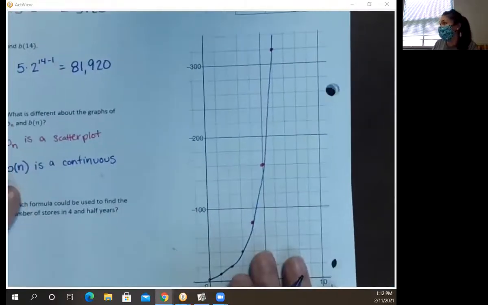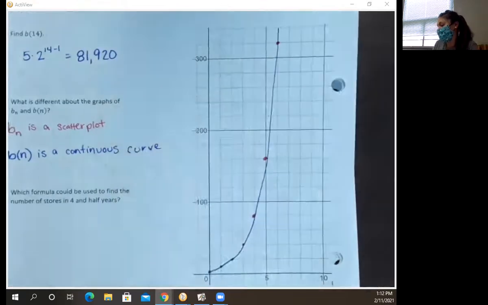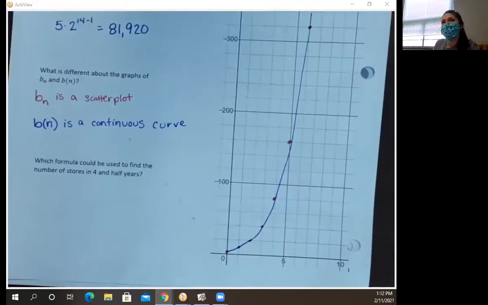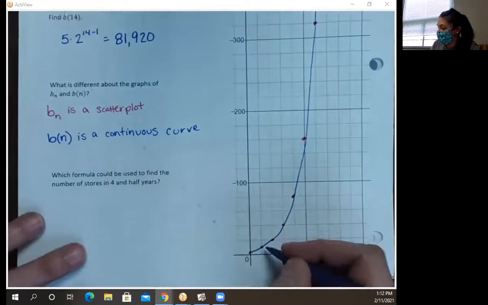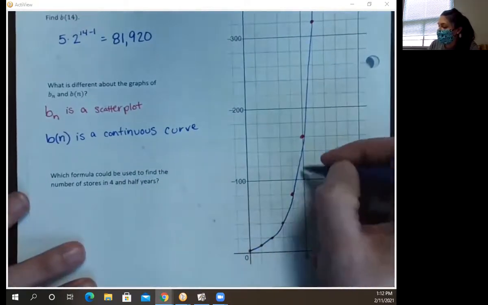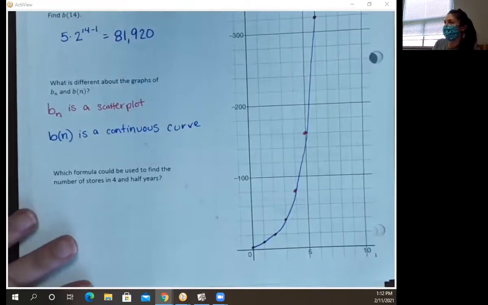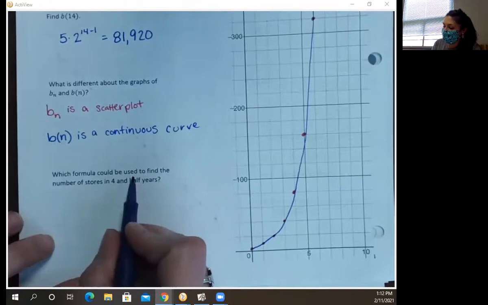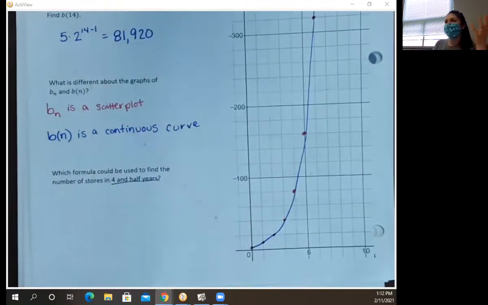Here, we don't have a line, so I'm just going to say this is a continuous curve. And then remember, the function gives me all those pieces in between the dots from our sequence. So if I wanted to figure out how many stores I would have in 4.5 years, is that going to be a sequence problem or a function problem?